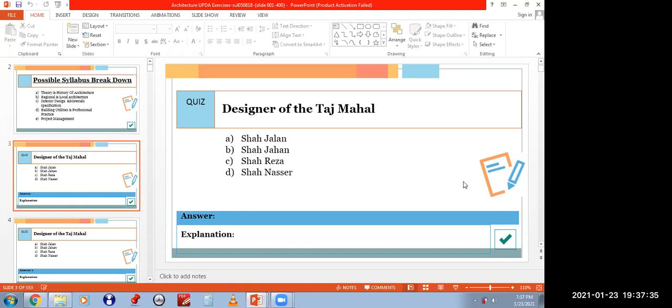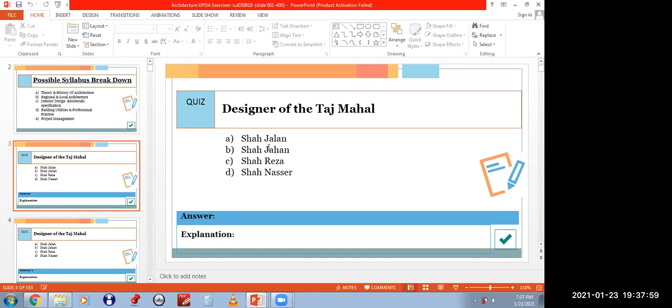Does anybody know the name of the king? Maybe Shah Jahan. It's designed with 4 minarets. It's called a minaret.